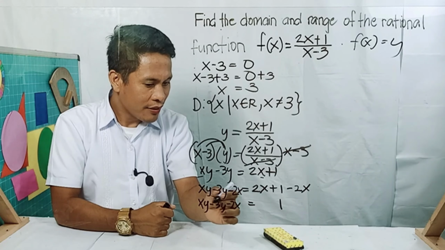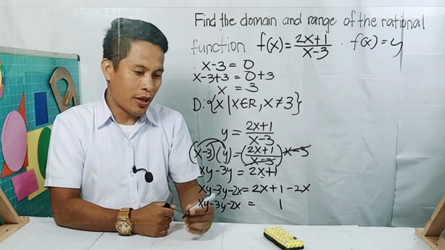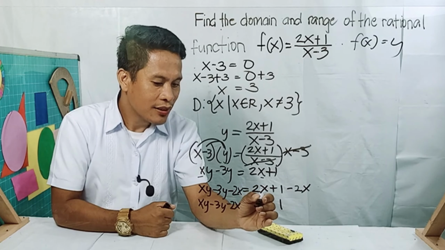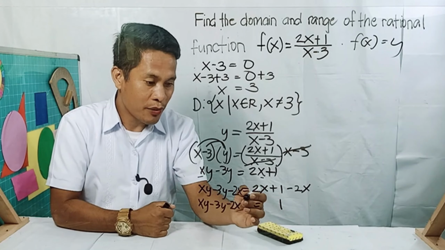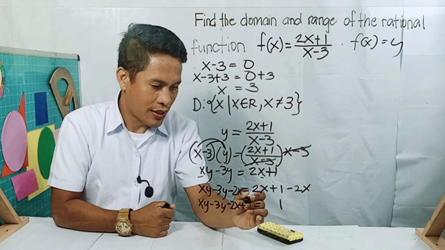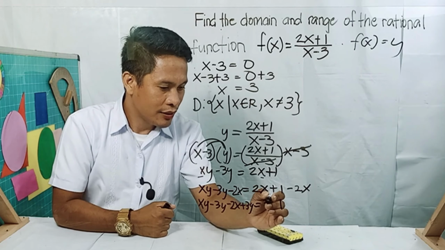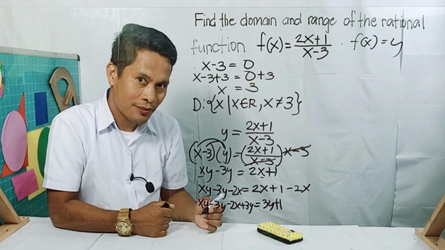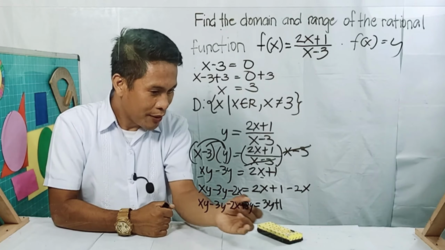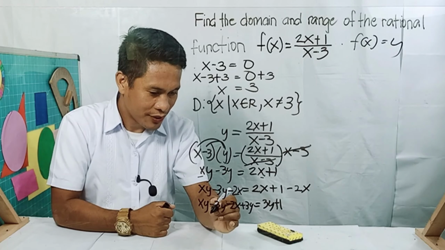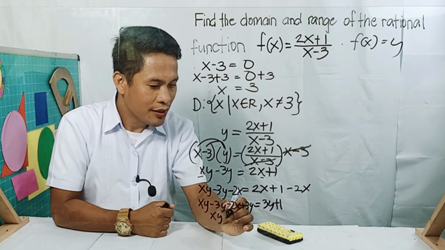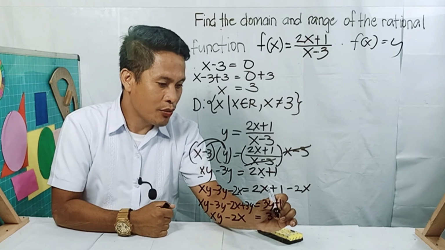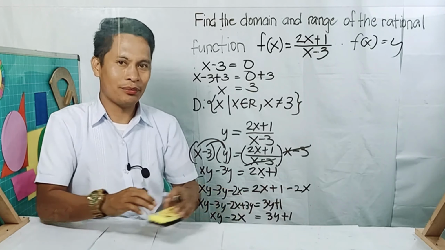Let's eliminate negative 3y by adding positive 3y on both sides of the equation. Plus 3y, plus 3y, plus 1. Negative 3y plus 3y is 0. So xy minus 2x equals 3y plus 1.